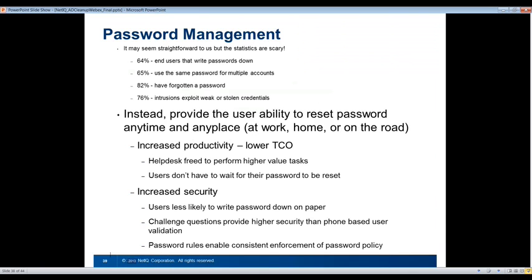So instead, we should consider providing the user the ability to reset their passwords any time, from any place, potentially by things like challenge response questions. It's not an uncommon statistic for 50 to 60, even 75% of help desk calls to be password related. It's not a new problem, but it does have a solution.